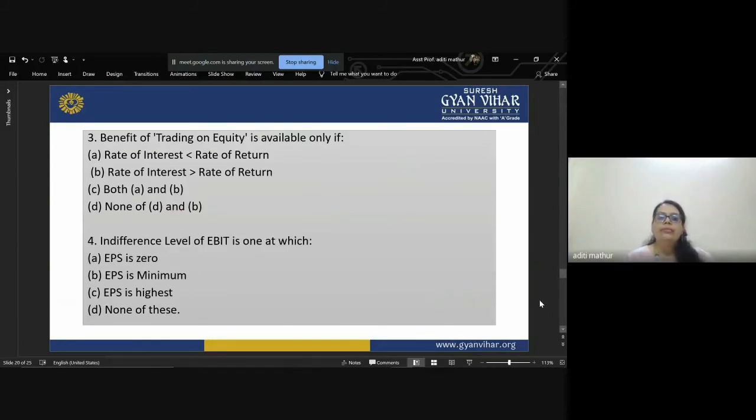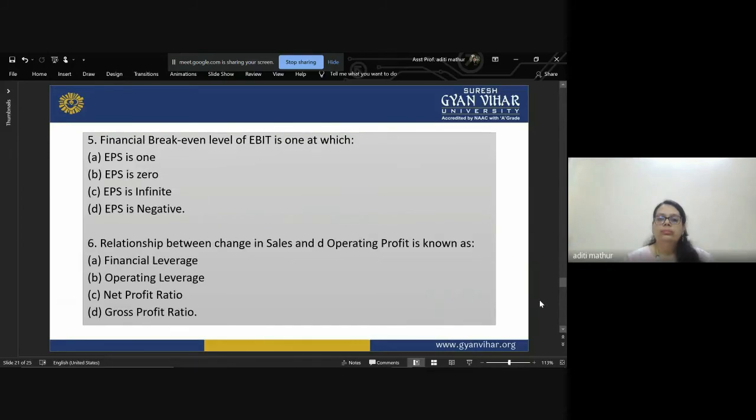The third and fourth MCQ. The fifth and sixth MCQ.